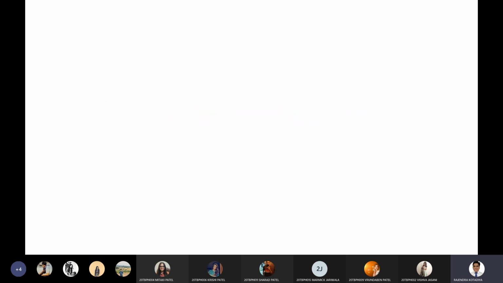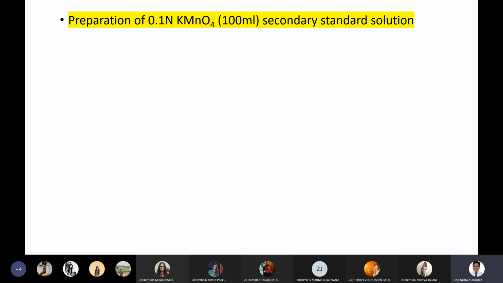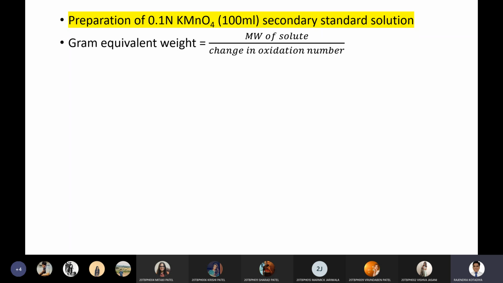Our first aim is to prepare 0.1 normal KMnO4 solution whose volume is 100 ml, and that will be our secondary standard solution. Why it is known as a secondary standard solution will come later.